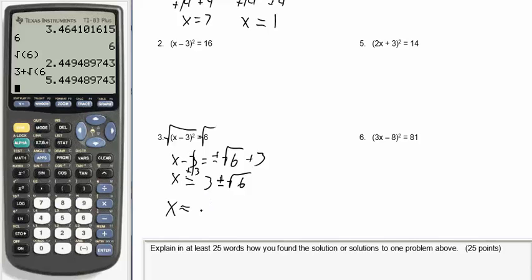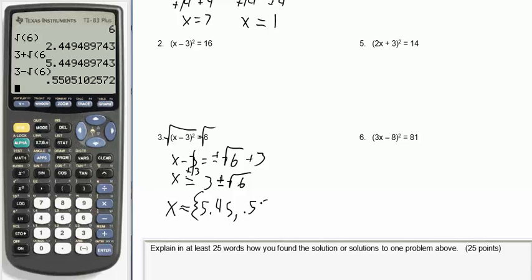And we get 5.45. Remember that one answer? And then 3 minus the square root of 6. And that's 0.55. So I'm going to go ahead and do my brackets and do 0.55.